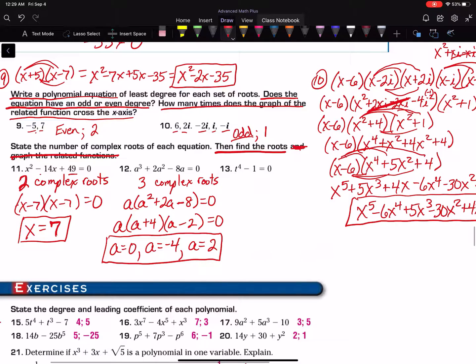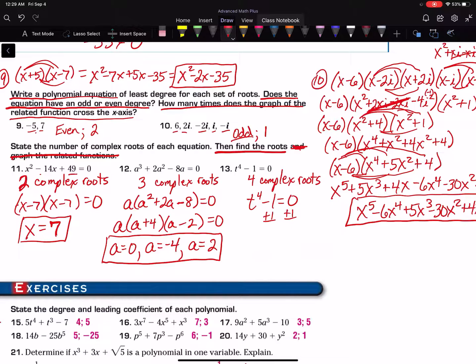And then last but not least, number 13 has 4 complex roots. And to solve it, no factoring to do here. We're just going to set it equal to 0 and work it. So move the 1.